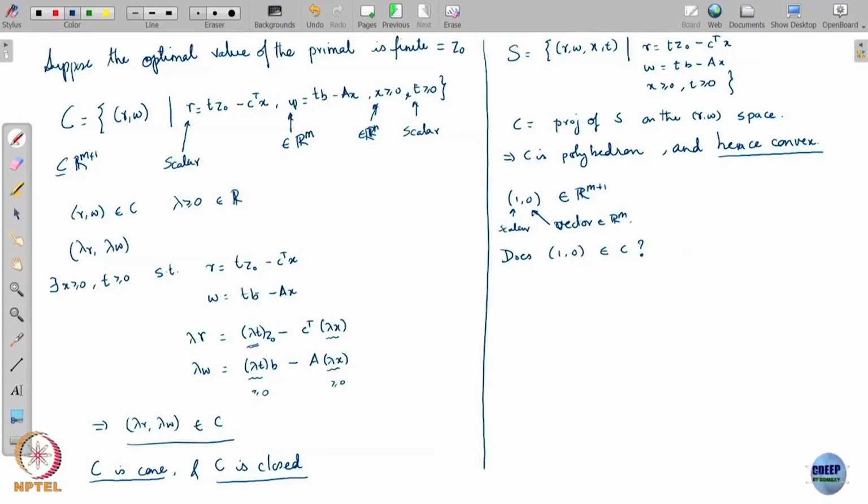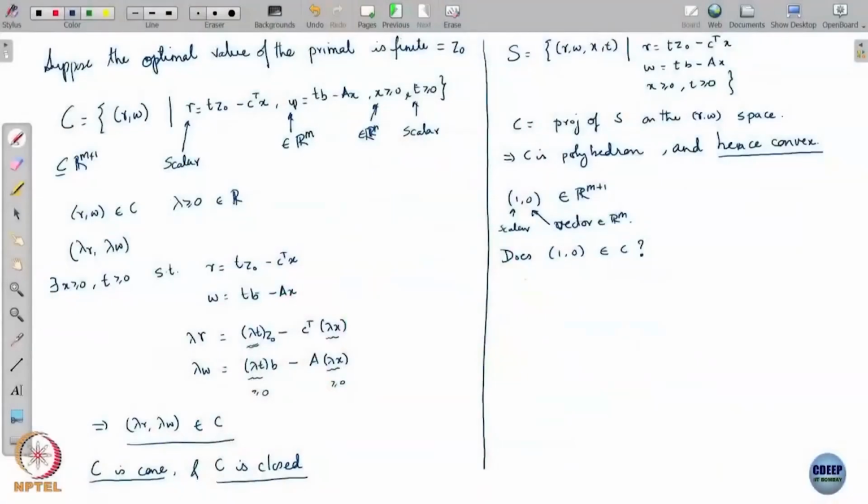Is this (1, 0) in C? Let us check. Suppose it does. Then it means that there exists t greater than or equal to 0 and x greater than or equal to 0 such that your r equals 1 and w equals 0.